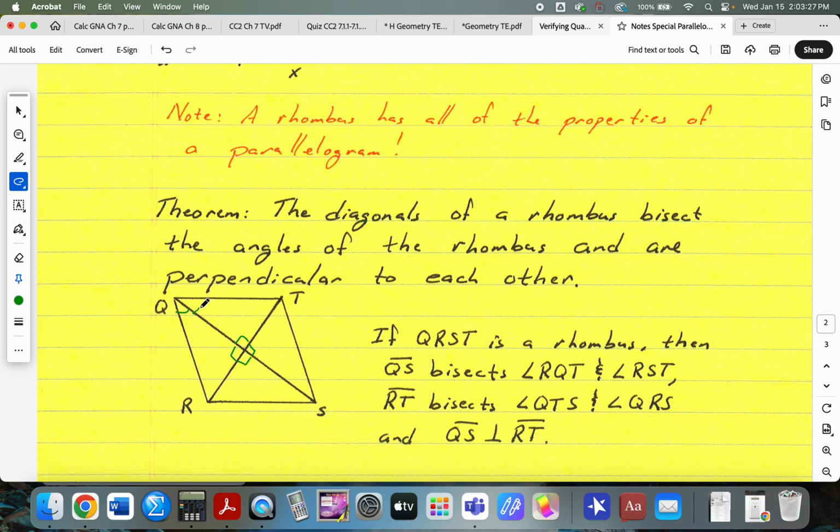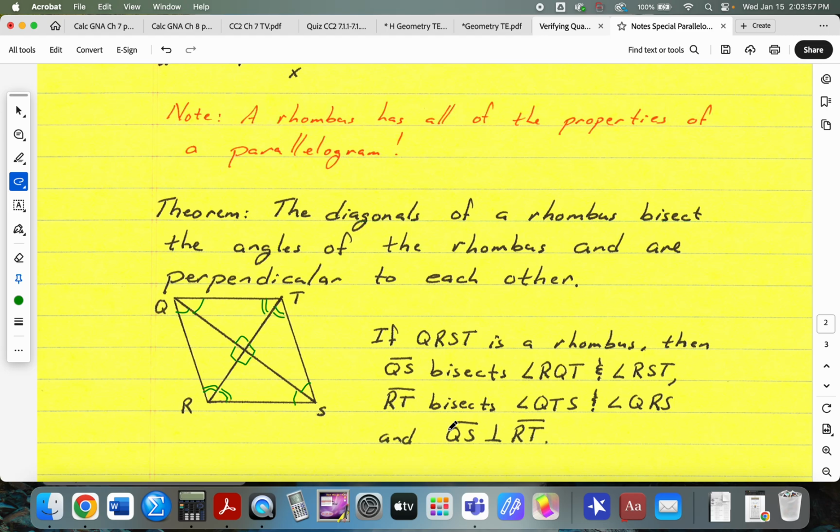And it means these two angles are congruent to these two angles, and that these two angles are congruent to these two angles.